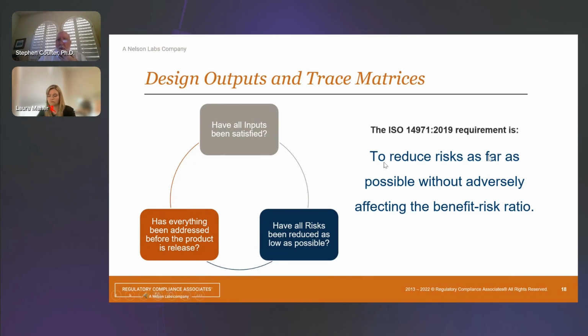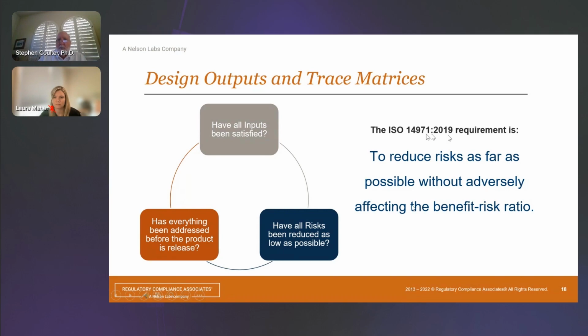If you have SOPs that have different wording and may say something about reduce risk as far as practical or as far as possible, some other phrases, sometimes just abbreviated ALARP, ALARP. Those are no longer valid. That is an old version of 14971. The new version, this is the wording.